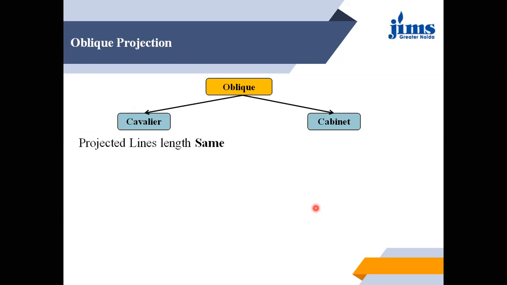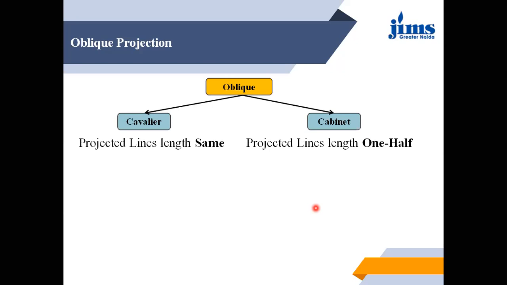So in Cavalier, the projected lines' length is the same, but in Cabinet this is half of the length of the original object.